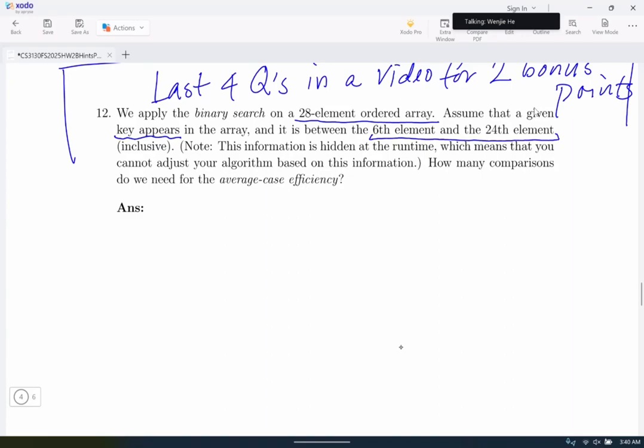Here this information is hidden. Although it is a fact, it is a hidden fact at runtime. That means you need to use the original binary search. You cannot make any adjustment.